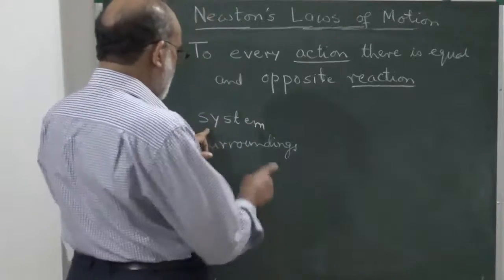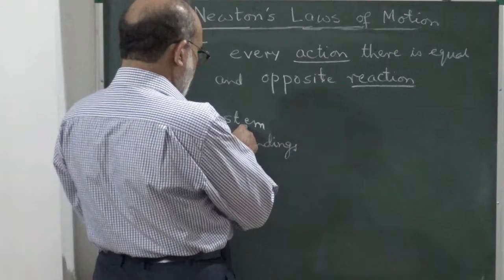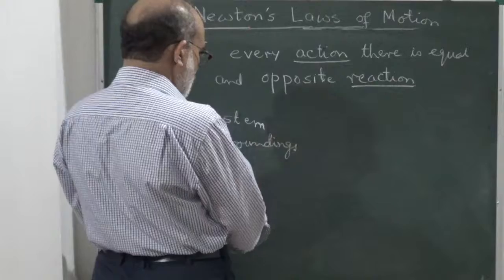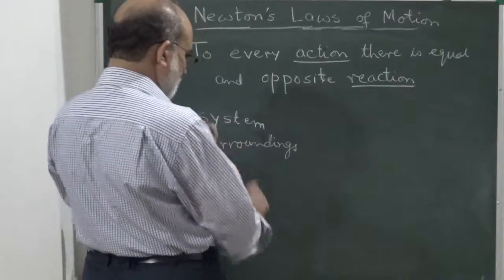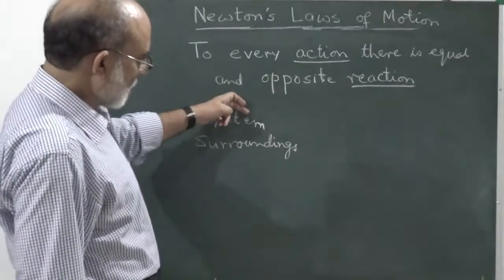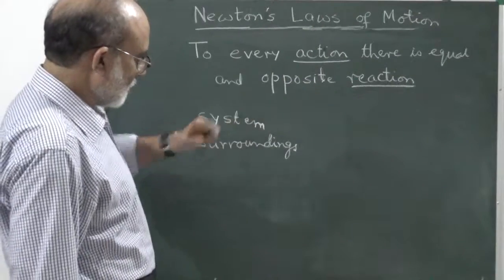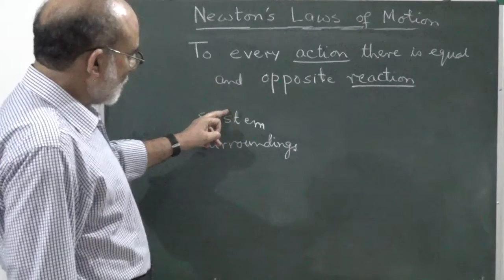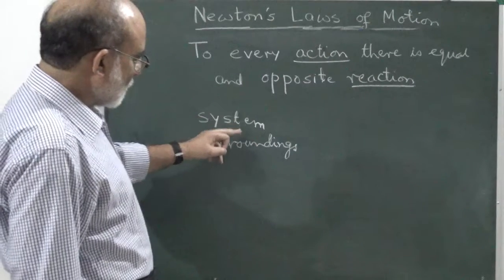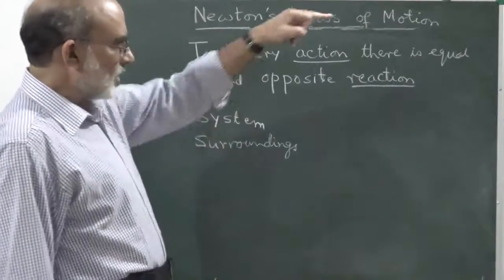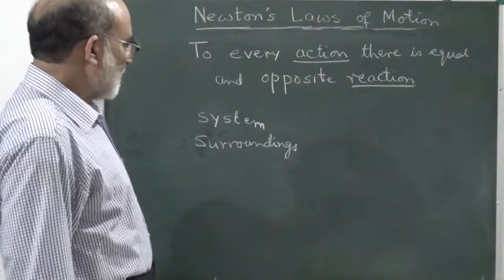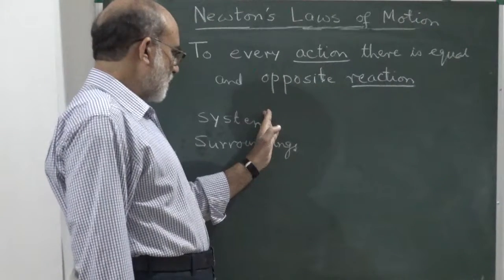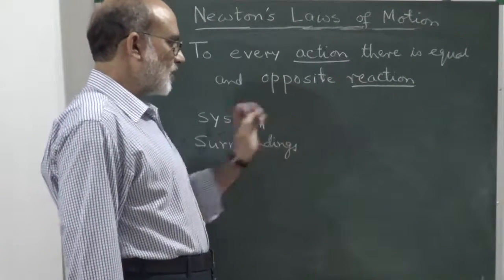The system may interact with the surroundings and the surroundings may interact with the system. If the system applies a certain force on the surroundings, and that is called action, then the surroundings will also reciprocate with the same force on the system, and that will be called the reaction.